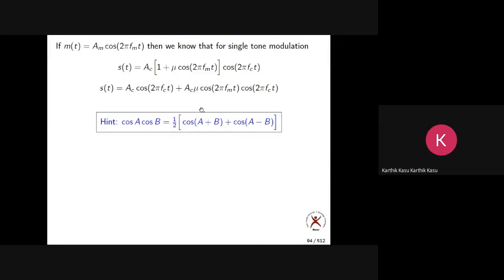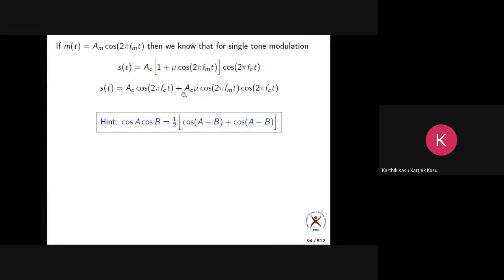Right. So let us do the calculations. Now this is S of t equal to AC into 1 plus mu cos 2 pi FMT, cos 2 pi fct. Now this is the expansion. Now, you have to calculate the Fourier transform of this signal. What you have to calculate? The Fourier transform of this signal.